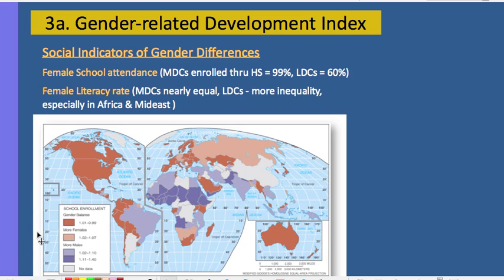The reddish or rust color is where there's gender balance, males and females going to school in about equal numbers. The pinkish, light reddish color is where more females are enrolled in school. And the purple shade is where more males are going to school. So again, largely this area in Latin America, Africa, Middle East, South Asia, down into Southeast Asia.